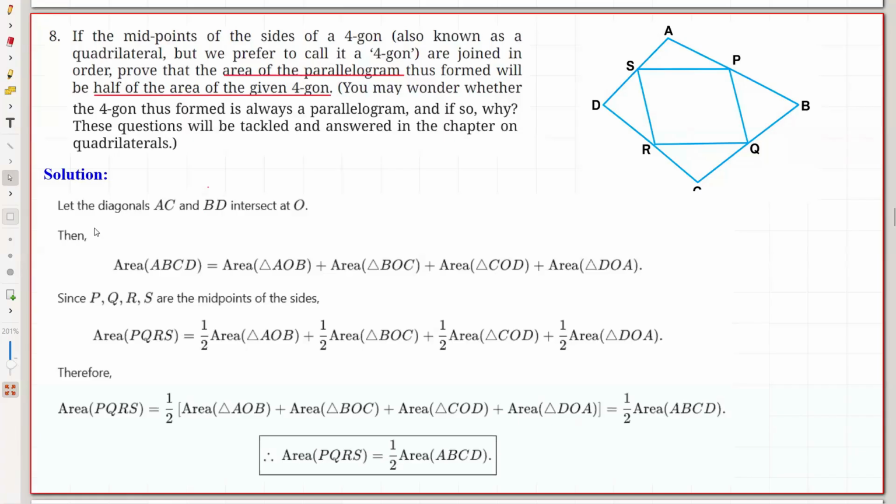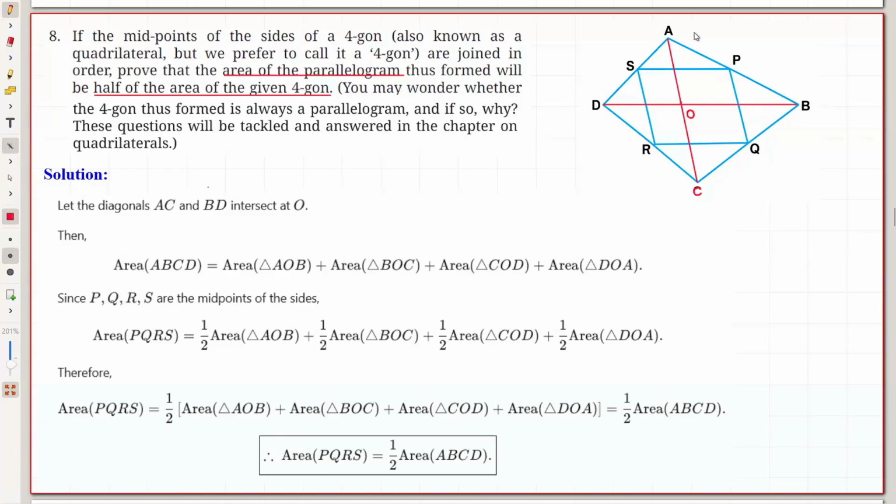So first, let the diagonals AC and BD intersect at O. I am just joining the diagonals AC and BD. Let it intersect at O. Now, both the diagonals AC and BD intersect at O. So now, what can you say? The area of the quadrilateral ABCD we can take as the area of the triangle AOB.